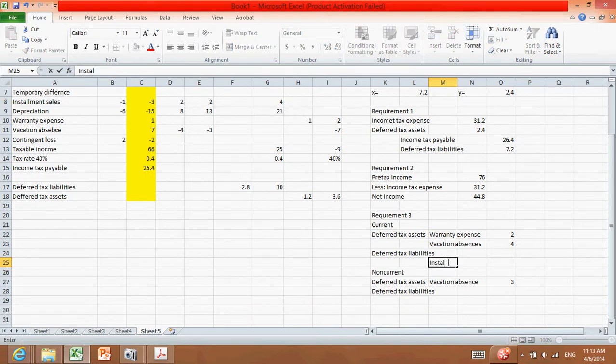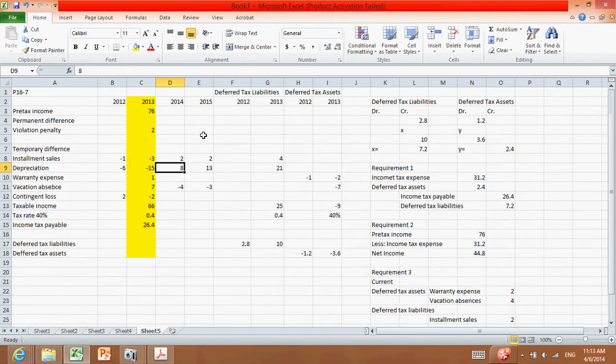Another liability is depreciation. We estimated that $8 million of depreciation will be taxed in 2014 and $13 million of depreciation will be taxed later. In general, depreciation expense results from a long-term asset. All this depreciation liability will be put into long-term, non-current. It results from depreciable assets, and they are totally $21 million.